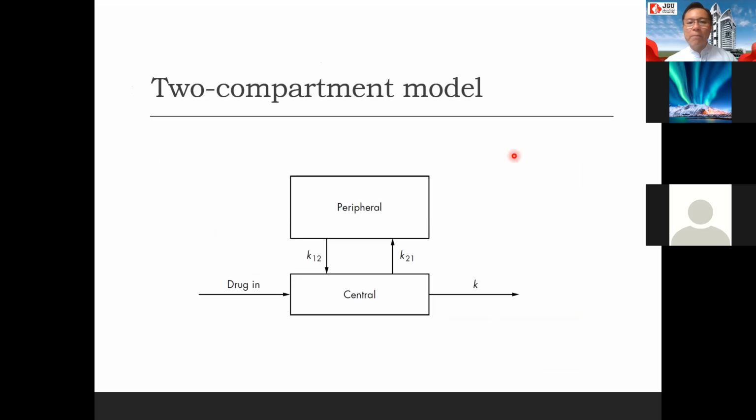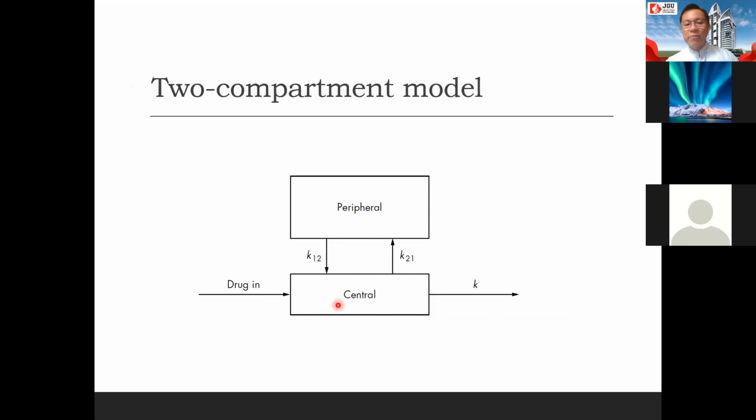Whereas for the two compartment model, when the drug is administered, it is administered to the blood vessel, correct or not? When the drug is taken orally and absorbed, it will go to the blood vessel. So the blood vessel is our central compartment.